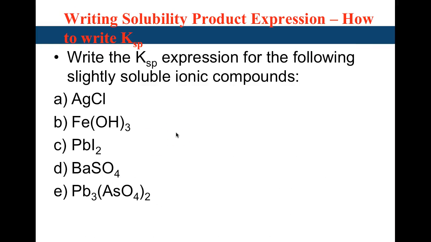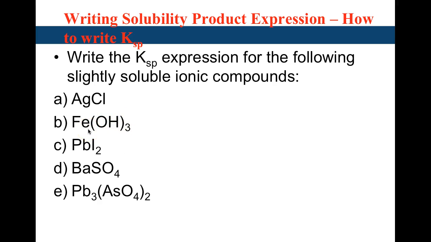So it says, write the Ksp expression of the following slightly soluble ionic compounds. AgCl, you know, is insoluble according to the solubility rules. It's only slightly soluble, so Ksp is going to be Ag plus times Cl minus. Ksp here, if you split it up, there's one Fe 3 plus, 3 of those OH minuses.